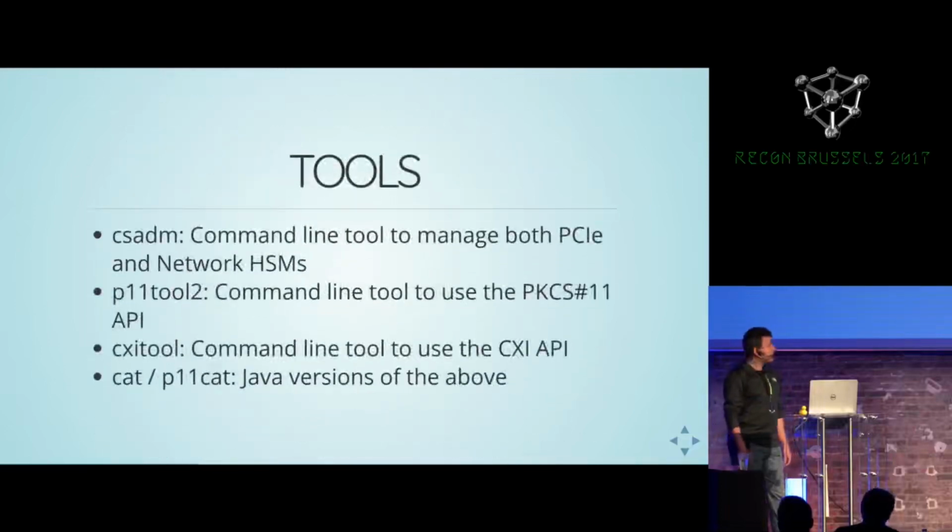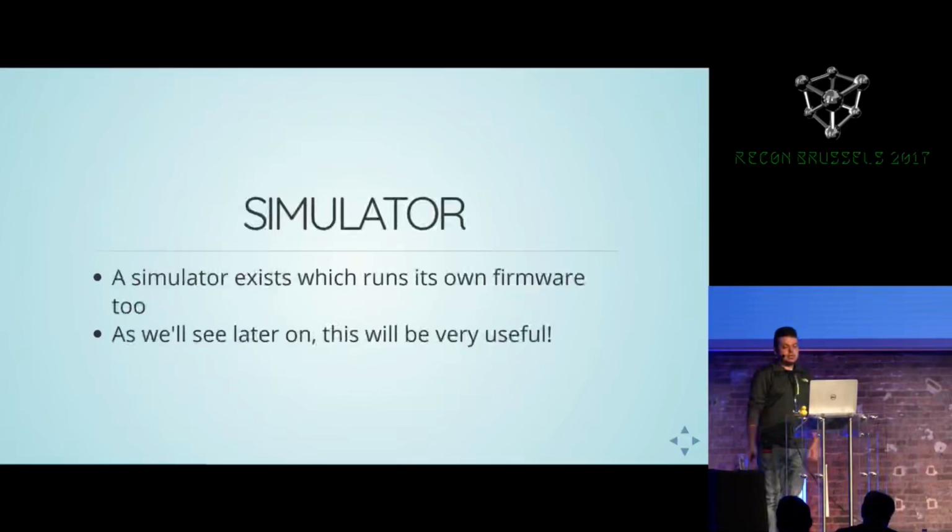There are some tools that come together with the HSM. There's a command line tool to manage both the PCI Express card and the network HSM. There are command line tools for communicating over the PKCS11 API, the special CXI API, and there are Java versions of the above tools. And there's also a simulator.